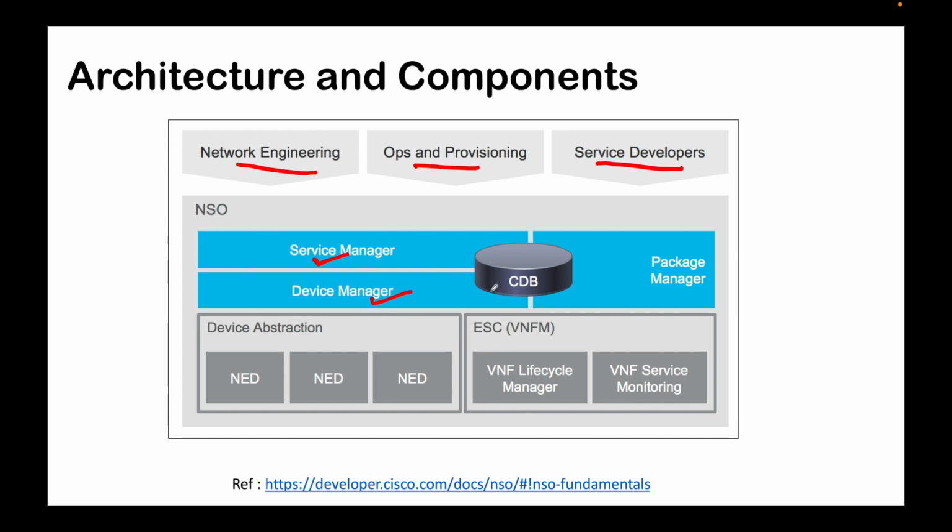Now the third and important component that we have in NSO is CDB, or configuration database. I would say CDB is the most important part of NSO because NSO is majorly known for its capability to manage the configuration of network devices. CDB has a unique way to save the configuration.